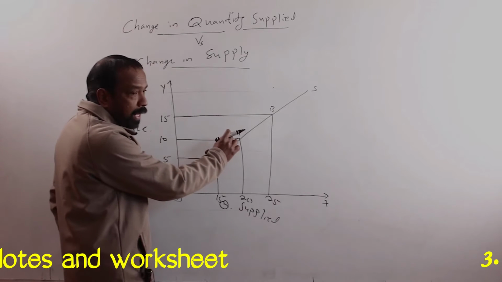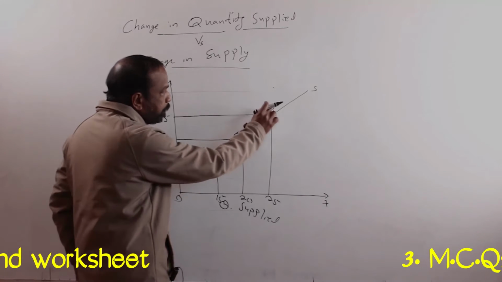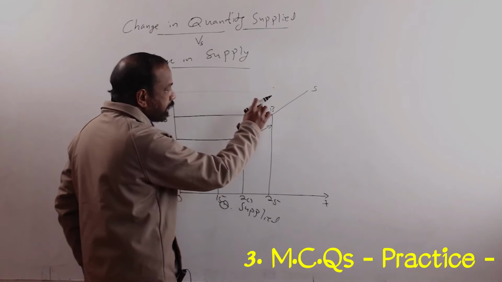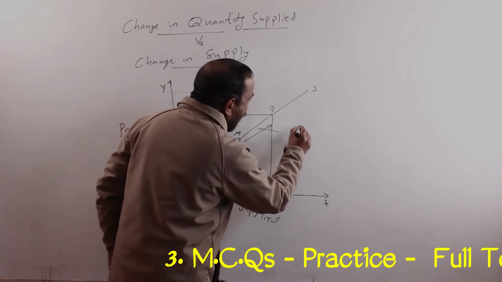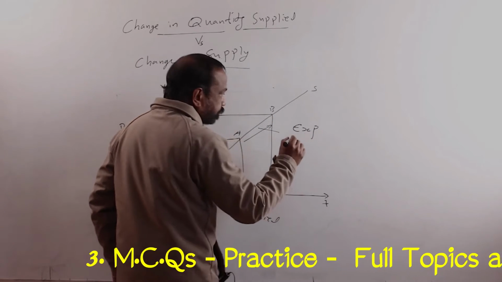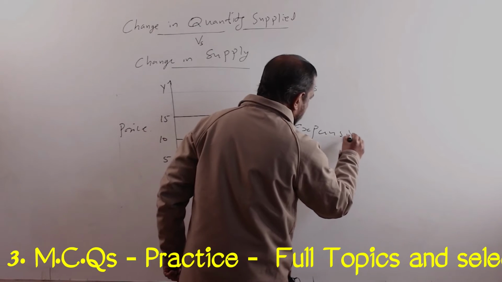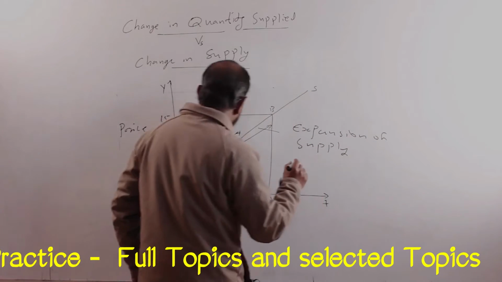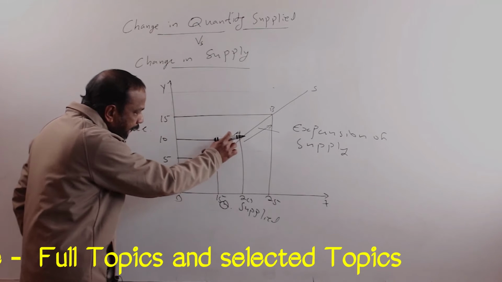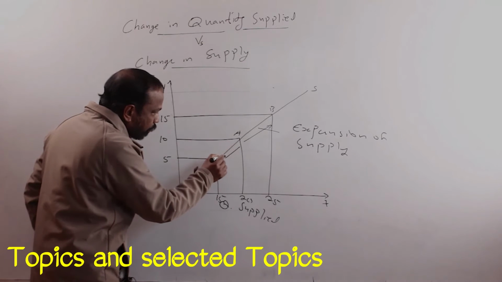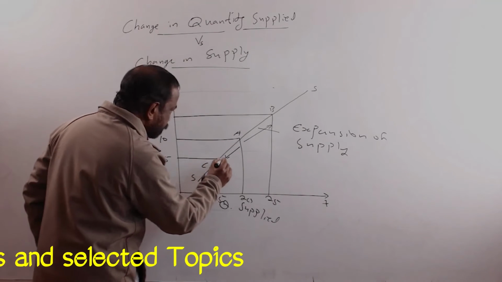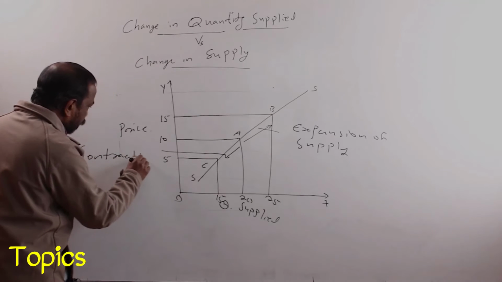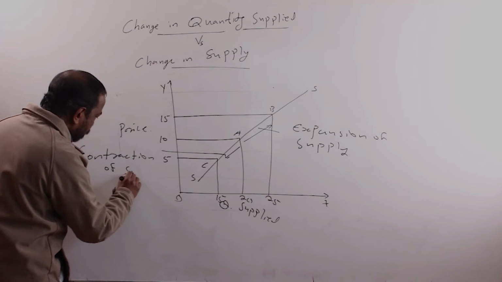Now the movement along the supply curve from A to B is known as expansion of supply. The movement from A to C is known as contraction of supply.